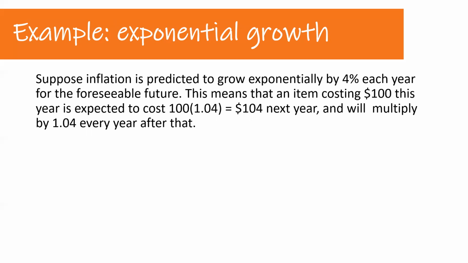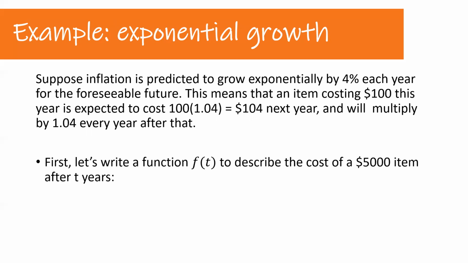We get that 1.04 because 100% is times 1, and that 0.04 accounts for that 4% growth. So we can actually write a function to describe the cost of an item after t years. Because we know that it's going to multiply times 1.04 every year, our function is f of t equals 5,000 times 1.04 to the t.